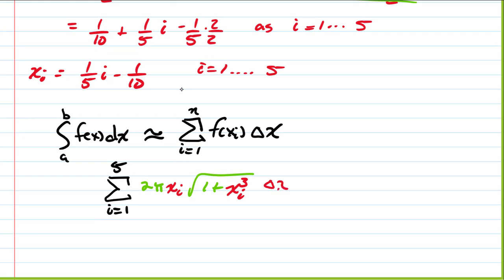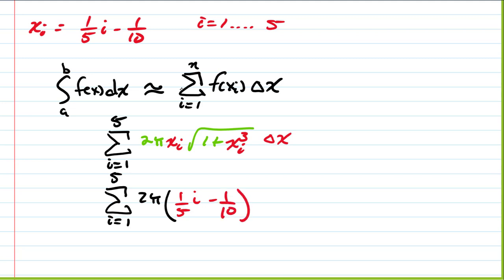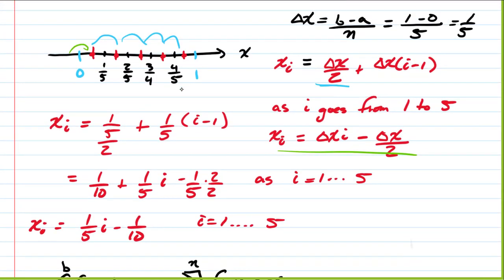Now we plug those in to finally get the sum, as i goes from 1 to 5, of 2 pi, and then our x sub i is 1 over 5 times i minus 1/10, times the square root of 1 plus 1 over 5i minus 1/10 cubed, times our delta x, and our delta x was what we found all the way up here.